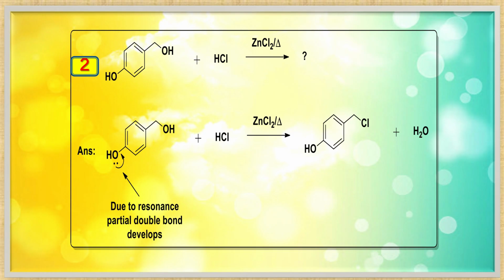But the OH group attached to the ring will not be removed, because due to resonance it forms a partial double bond. The OH group attached directly to the ring will not be removed, but the OH group which is outside will be replaced by Cl using HCl and ZnCl2, and the product is there on the screen.